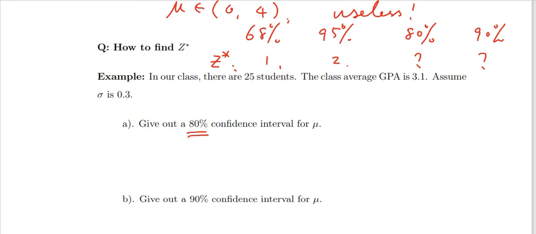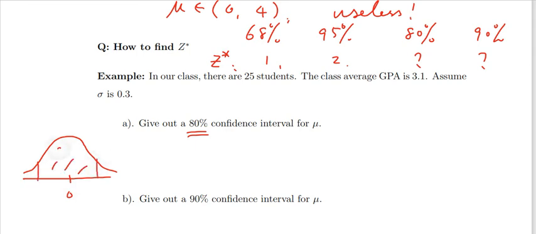Okay. So now let's consider this, like we want to find an 80% confidence interval. This Z star actually comes from the standard normal, this is 0. We want to find an interval such that this accounts for 80%. Then this cutoff point is Z star. Once we understand this, we can check the standard normal Z table and find the Z star.